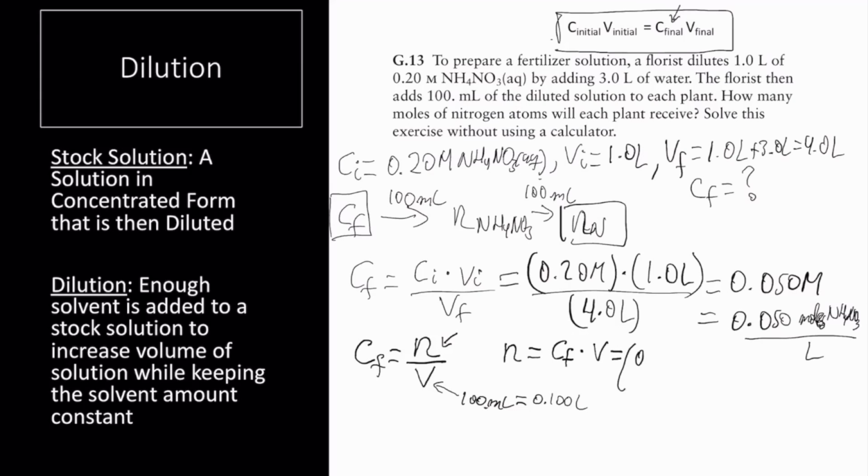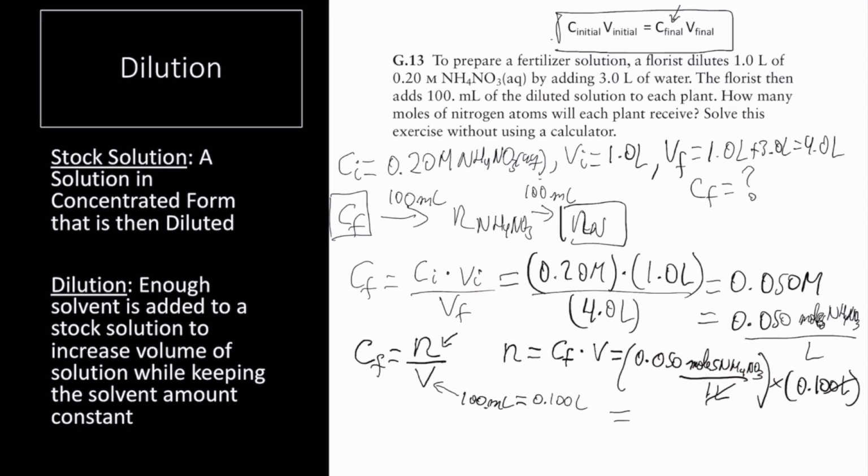So this is 0.050 moles of ammonium nitrate per liter times the 100 milliliters, which is 0.100 liters. So units of liters cancel out and we have number of moles of ammonium nitrate.